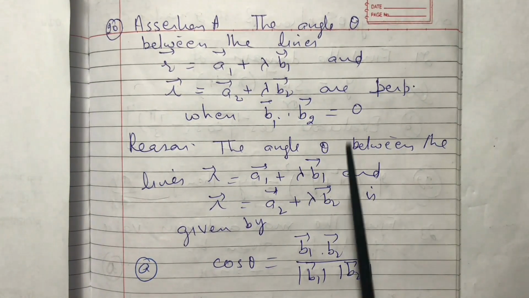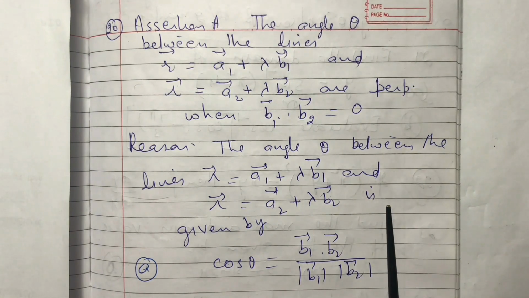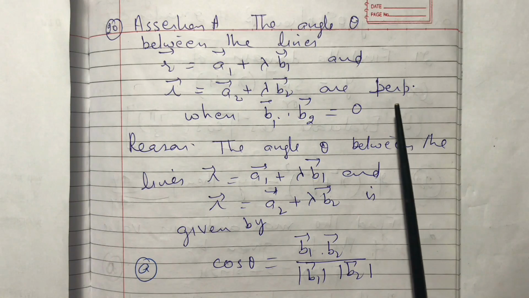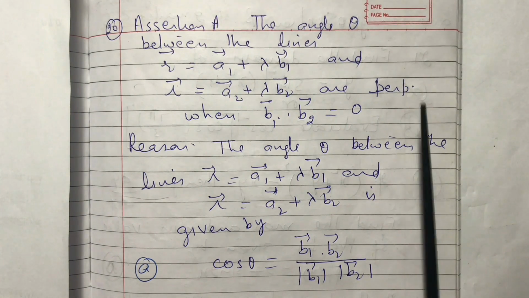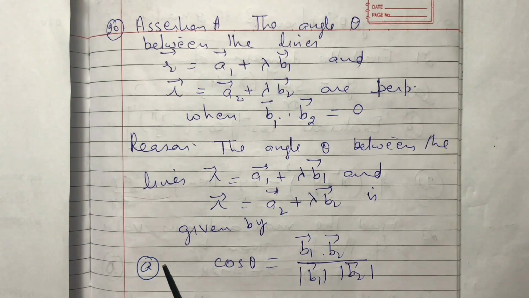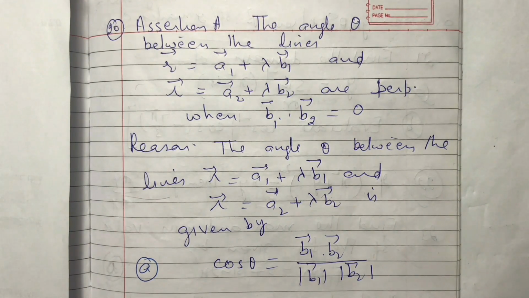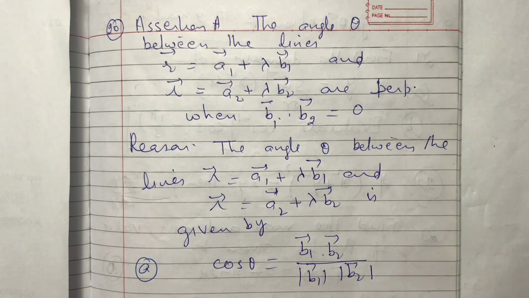Now this is true and this is true, and reason R is the correct explanation of assertion A. So its option is A, because A says both assertion A and reason R are true, and reason R is the correct explanation of assertion A. So A is the option. And it is an easy one. I think you all know about it.